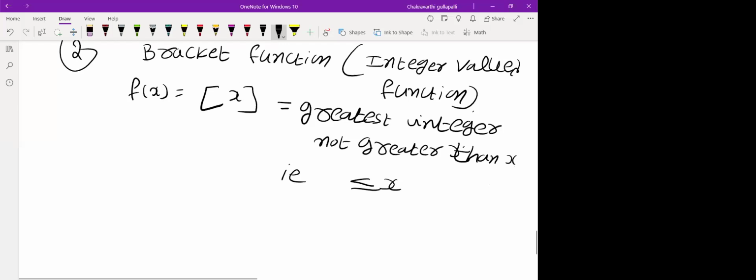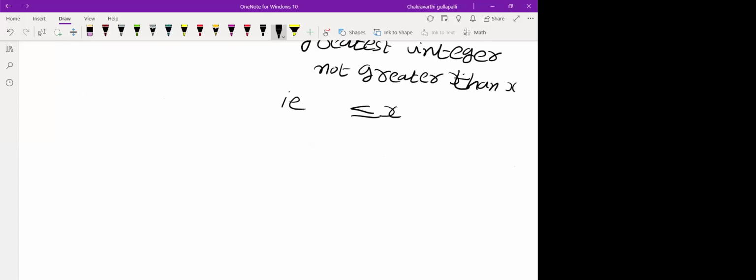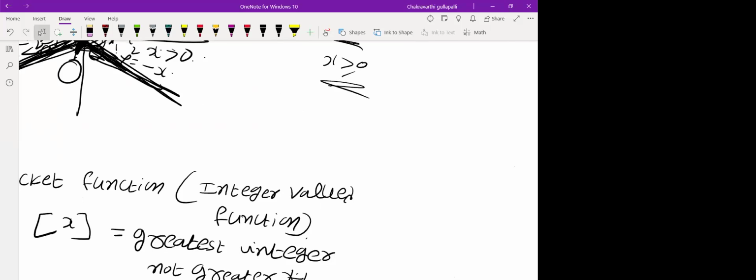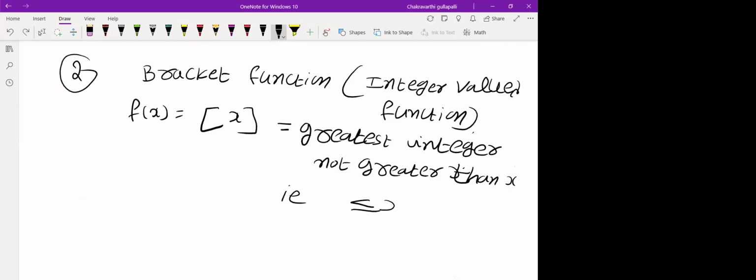Only 3 cases. Any number you take may be greater than x, or it may be less than x, or it may be equal to x. Only 3 cases. So what this bracket does is, for example, take 1.9 bar, that is 1.999 and so on.